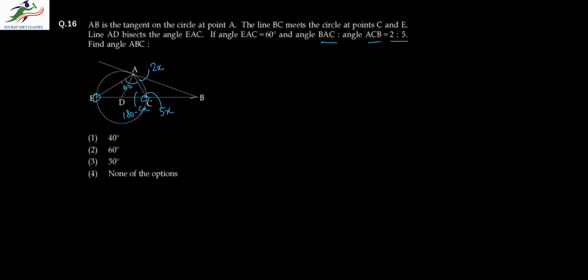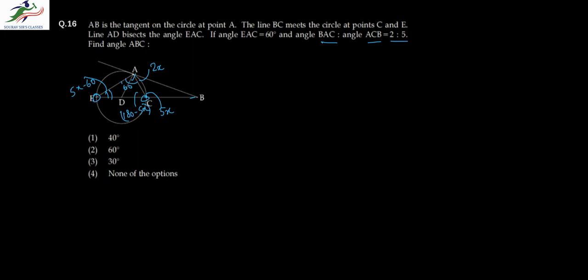So then we see that angle ACD is 180 minus 5x, and it is given that ESC is 60 degree. So angle AEC would be 180 minus 60 minus 180 minus 5x. So that means it would be 5x minus 60.